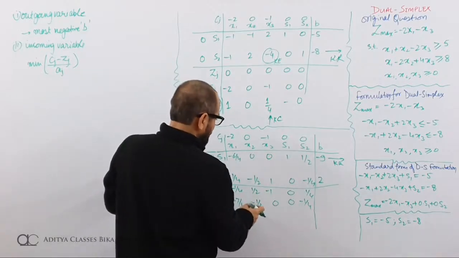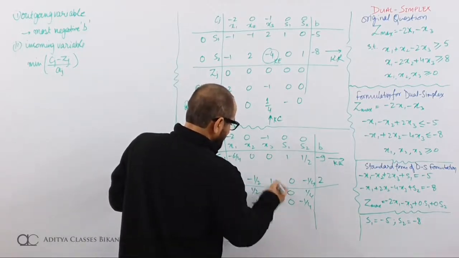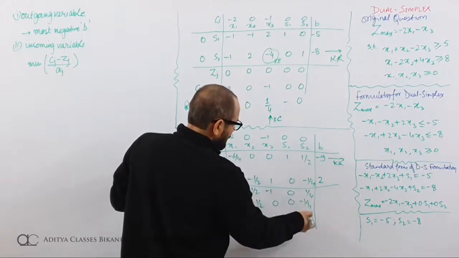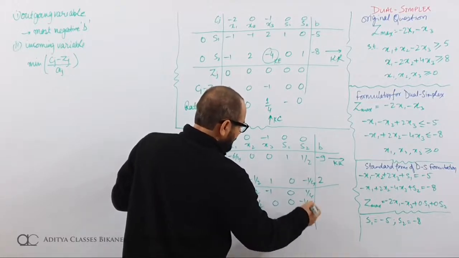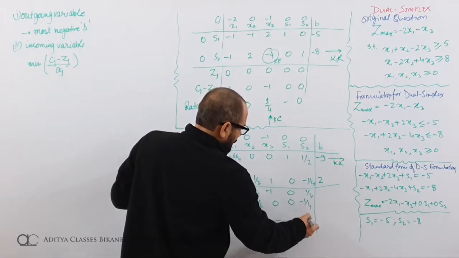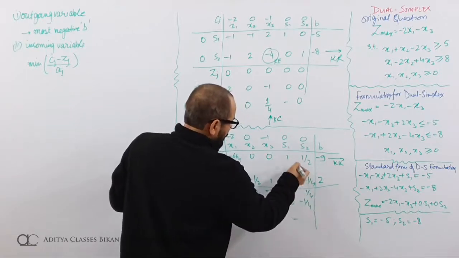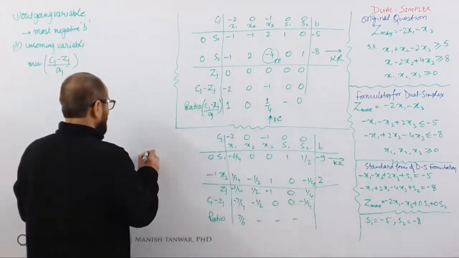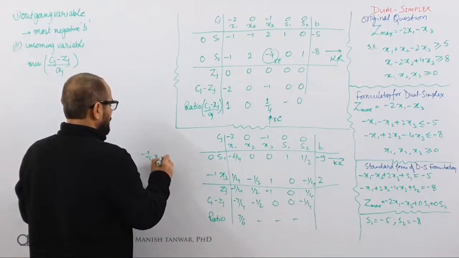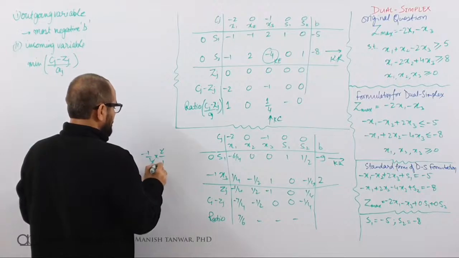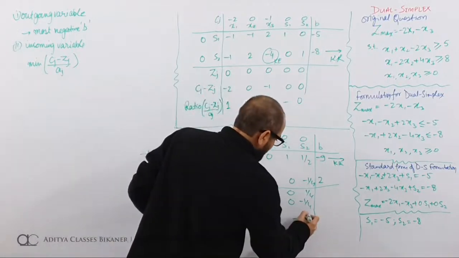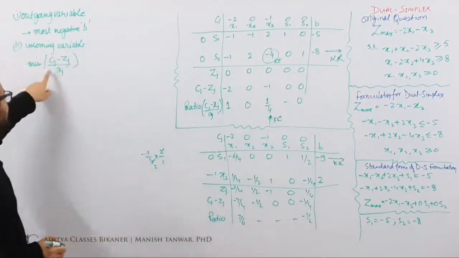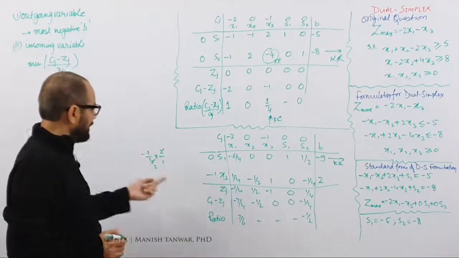Then we have, you can leave these. This will still remain negative. This will be minus 1 by 4 divided by 1 by 2. Minus half. I need to select minimum from Cj minus Zj upon Aj.